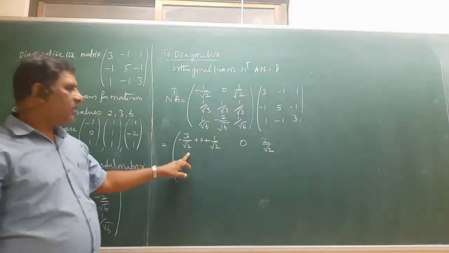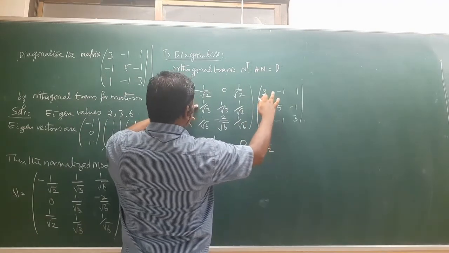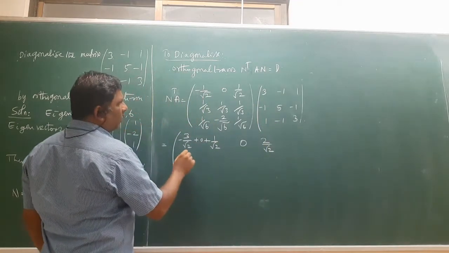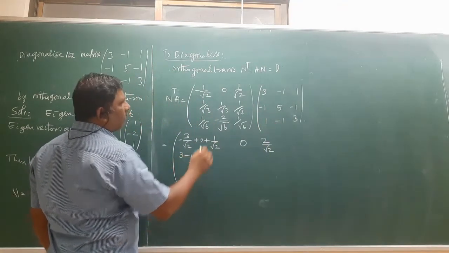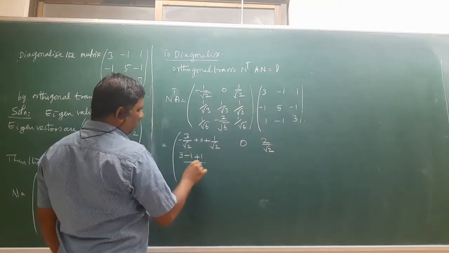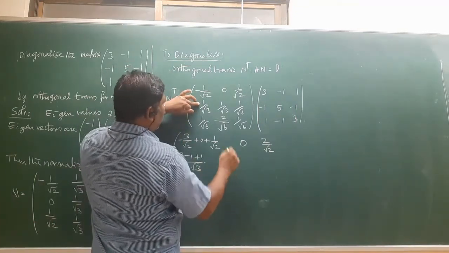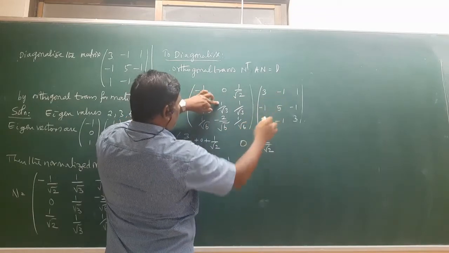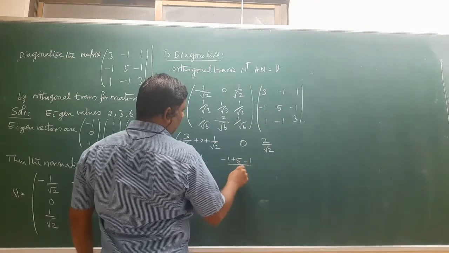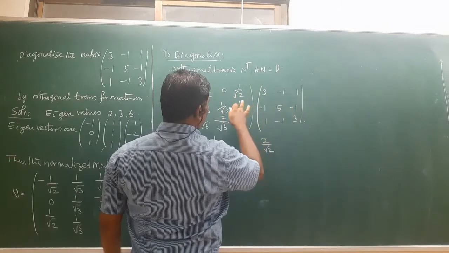Second one is 3 minus 1 plus 1 by root 3. Second one is minus 1 plus 5, then minus 1 by root 3. Last one, 1 minus 1 plus 3.